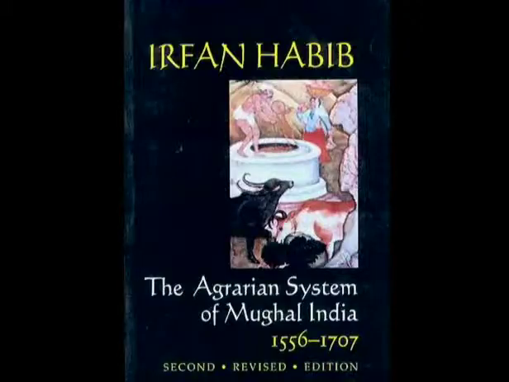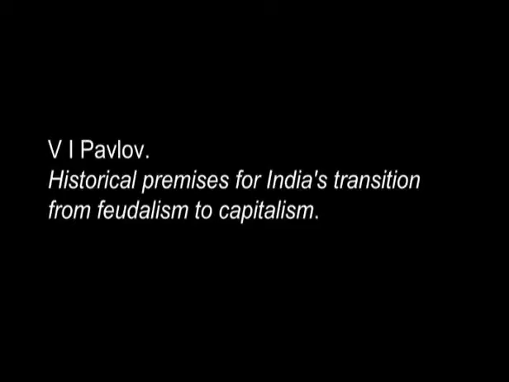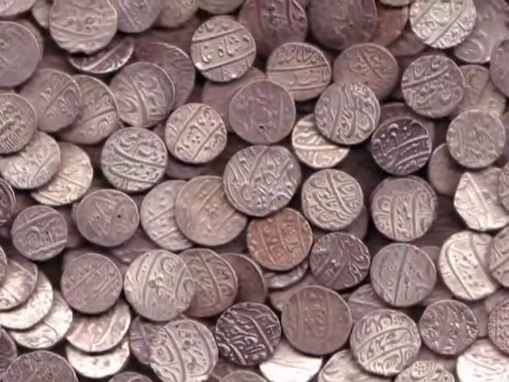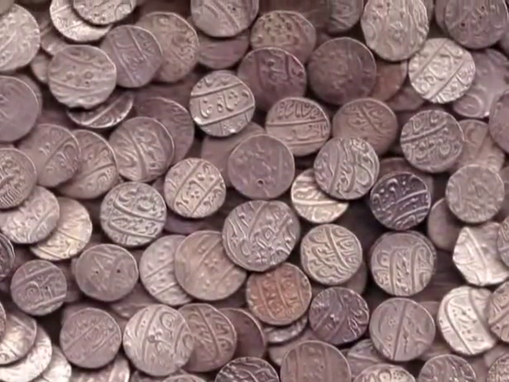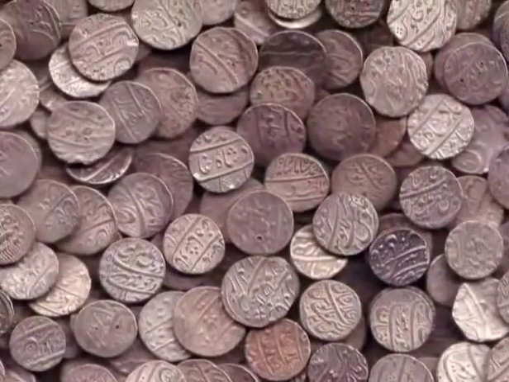Irfan Habib points out that cash collections were the rule at the beginning of Akbar's time, and the amount of the land revenue was highest during the Mughal period. The Soviet historian Pavlov pointed out that as a result of the influx of gold and silver due to the price revolution in Europe, gold and silver were available in huge quantities in our country, and so there was money circulation.